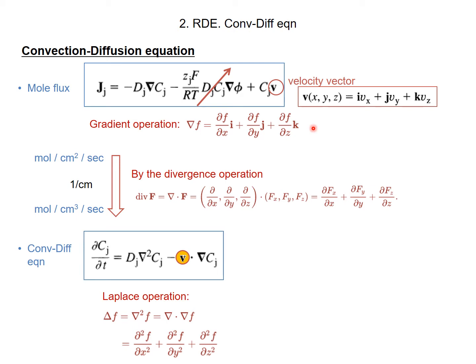I mean, the gradient operation is the first derivative operation having a vector direction. So that is the gradient operation used in the mole flux equation.